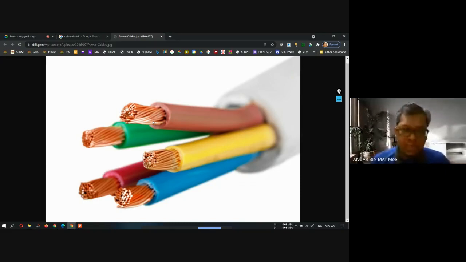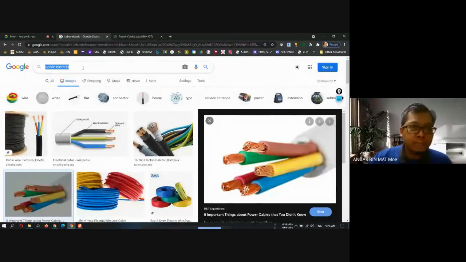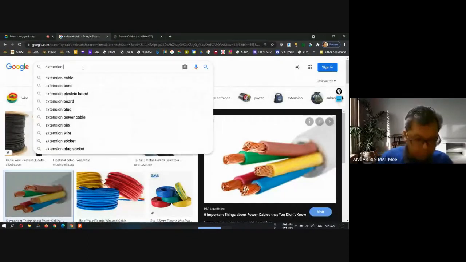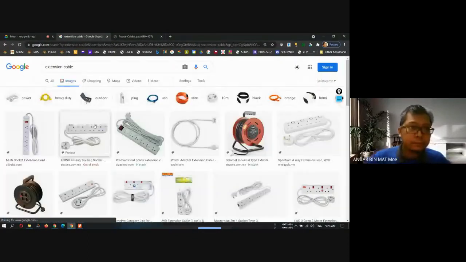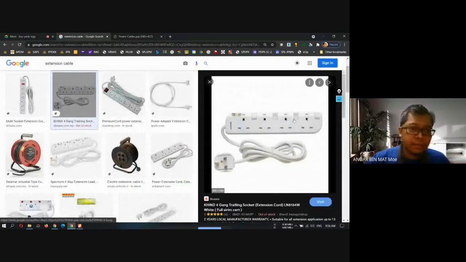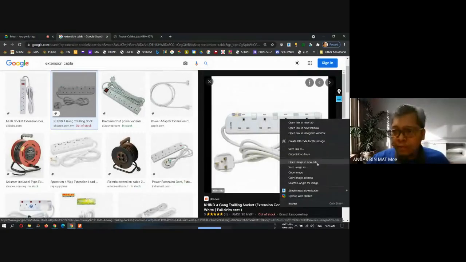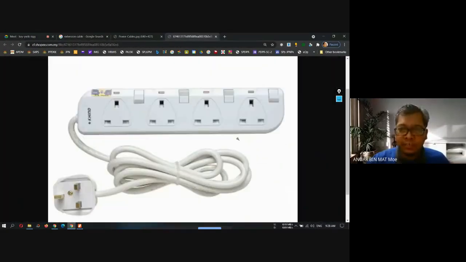And that's why if you try to buy, for example, I will show you another picture. This one is an extension cable.